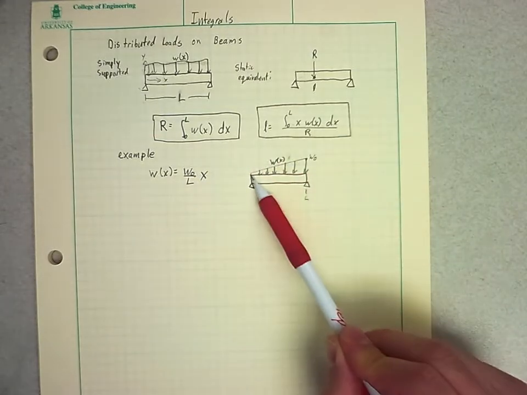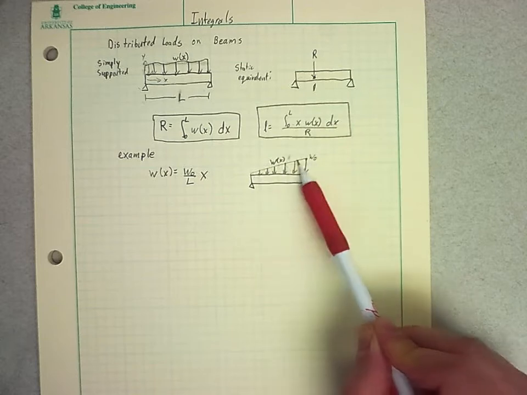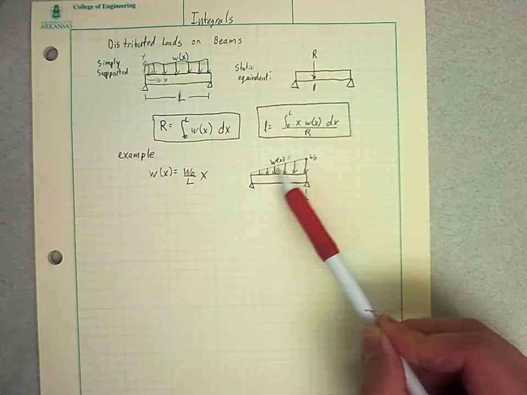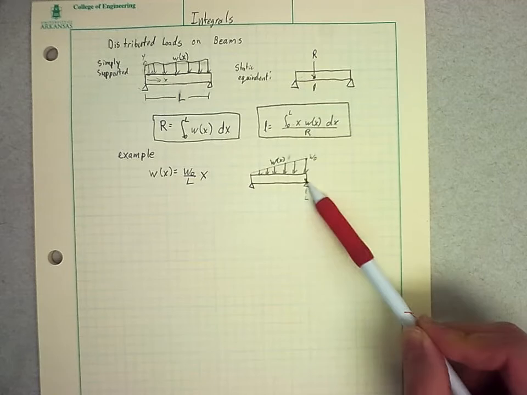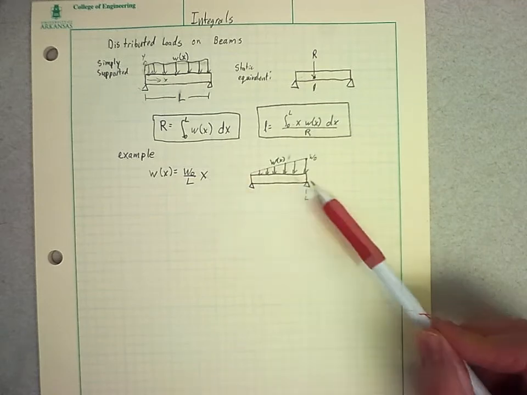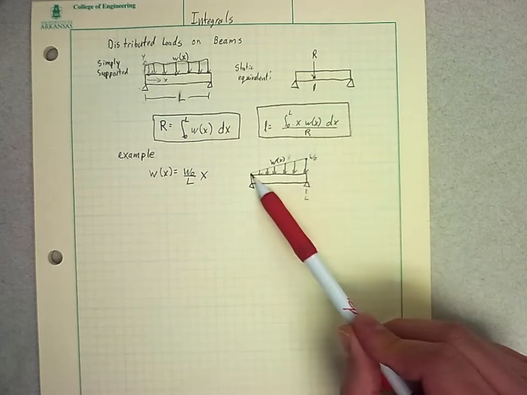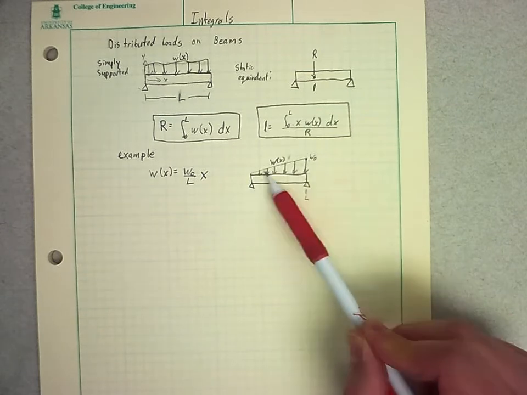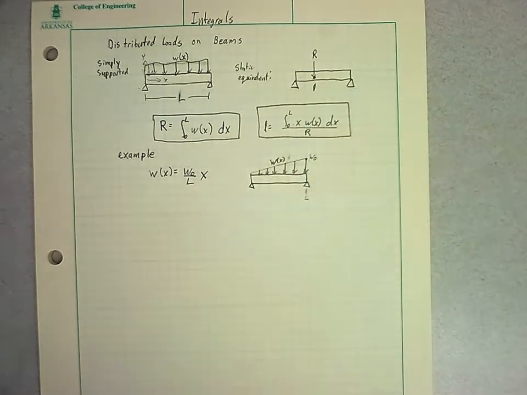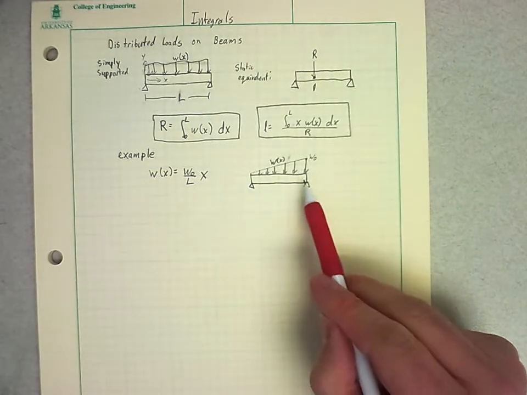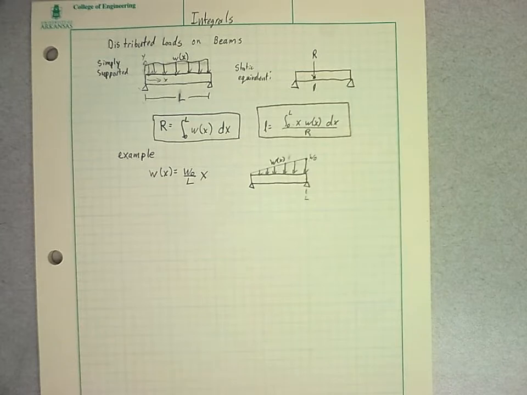So what does that look like? Well, it looks like a linear function that goes up as we go across, and when we get all the way out to the end, when x is equal to L, it's just going to end up being W0. It starts at 0 and goes up to W0, and we see the force increases as we go along. And we want to figure out what is the total force being applied here and where that works out.